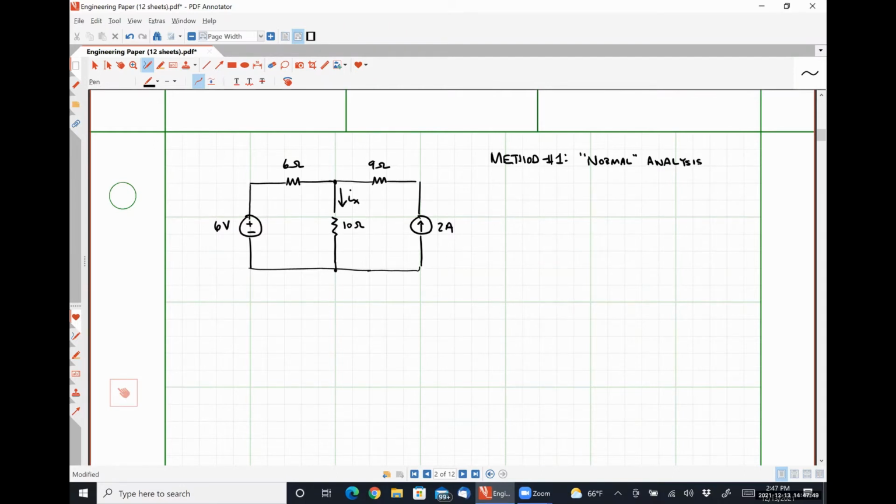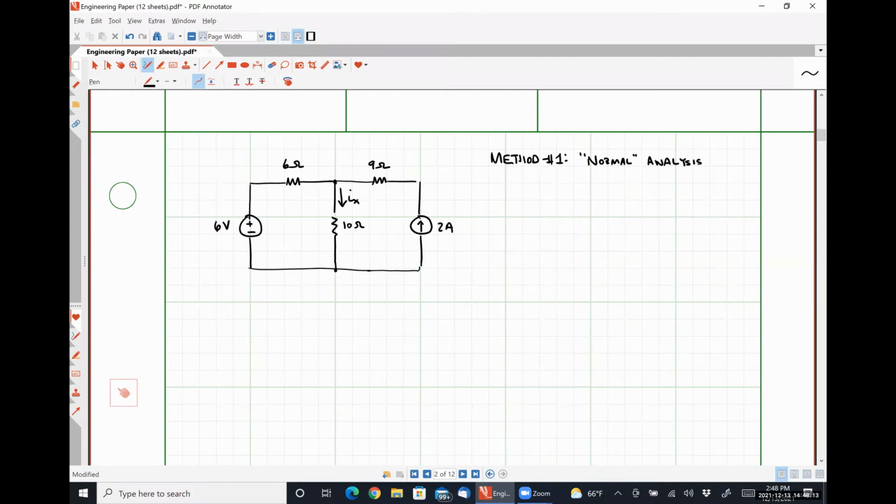So what I'm going to do is assign voltages to all of our elements that don't currently have a voltage, or at least all of our resistors that don't currently have a voltage. And I'm going to assign currents as well, and we're just going to try to throw the kitchen sink at this problem until an answer falls out.